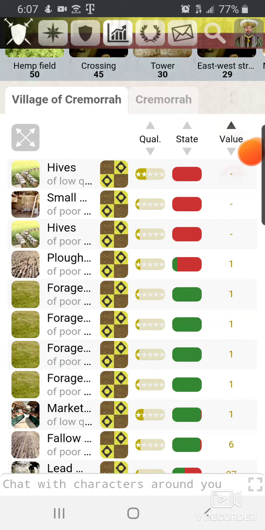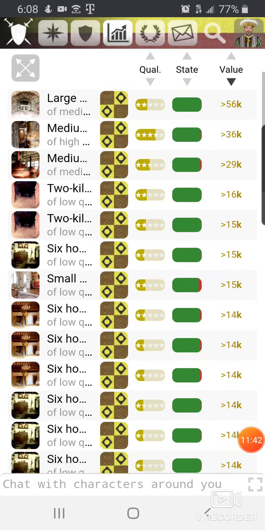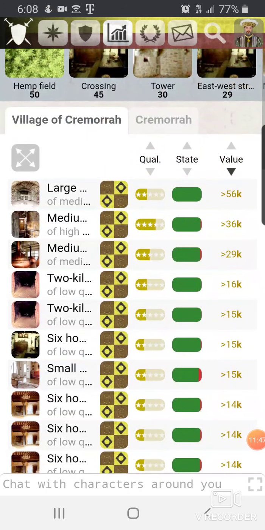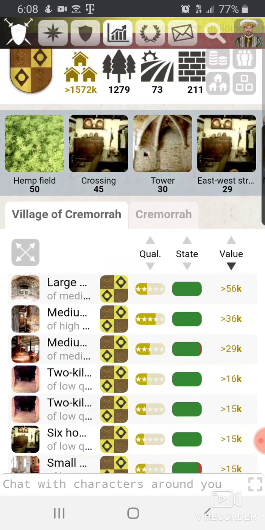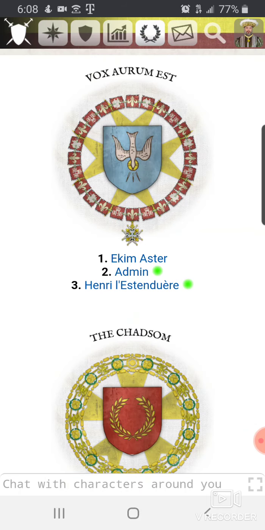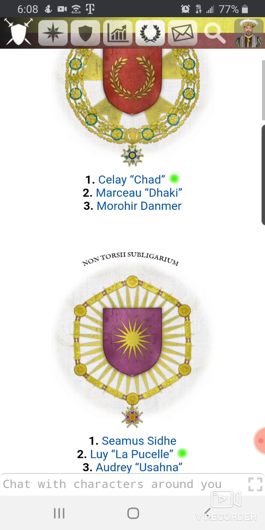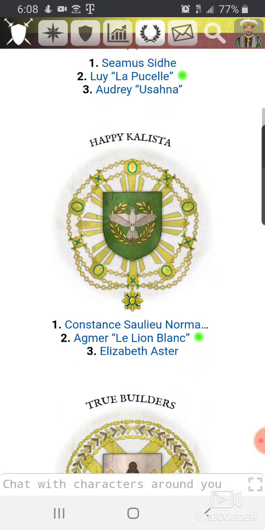You can also see the value. Oh, I hate this thing. Let's move this down here. The value of some stuff. And this will add to our next tab, the rankings. There is a builder's ranking, and these are also known as orders, the order of the builders, and that'll add to that.